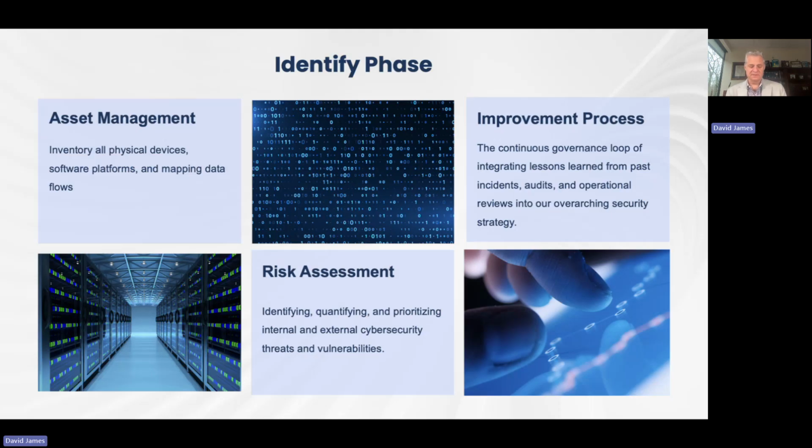From a risk assessment phase, we are identifying, quantifying and prioritizing the internal and external cybersecurity threats based off of their impact to business units. And then in the improvement process phase, we have a continuous loop looking for lessons learned. Like if something happened and there's an incident, well, what did we learn from it? And how can we make certain that we improve whatever part of our business that happened in so we can make certain it doesn't happen again?